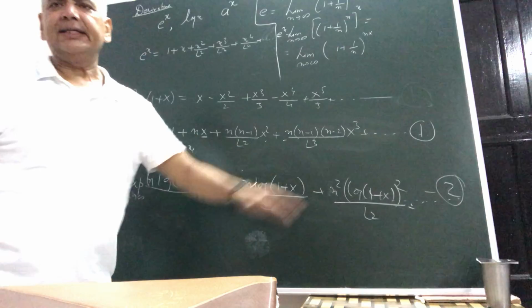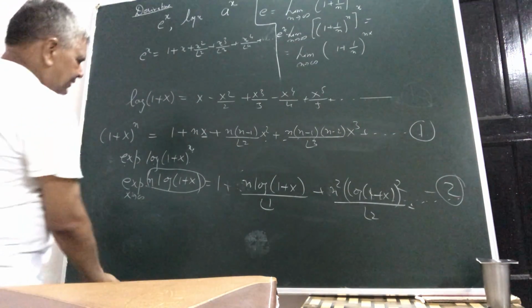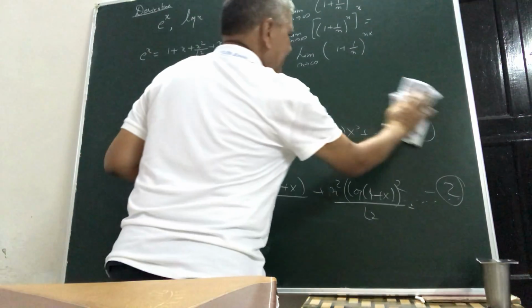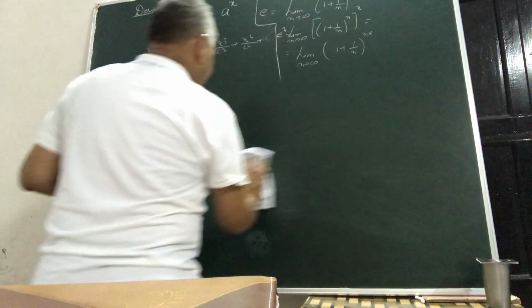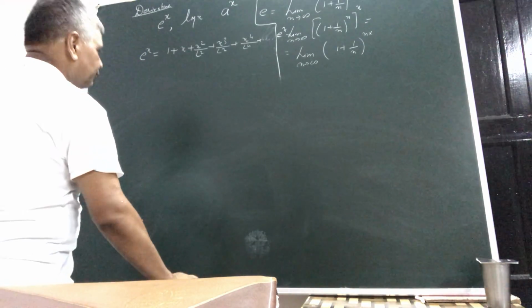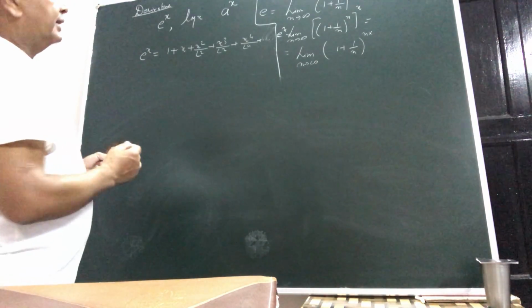This is another thing of which we have just given a reference, but let us come back to our main point: how these actually help us in getting the derivative.